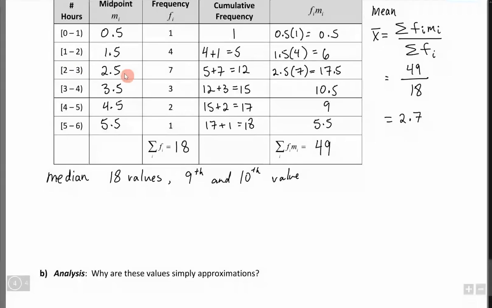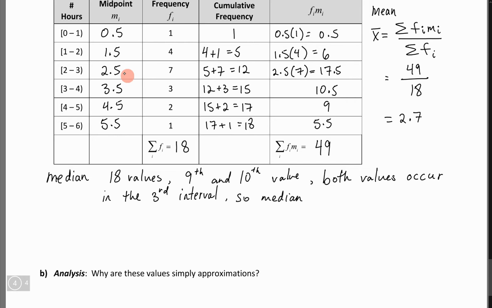Okay, so I'm going to write here both values occur in the third interval. So our median equals the midpoint of the third interval.